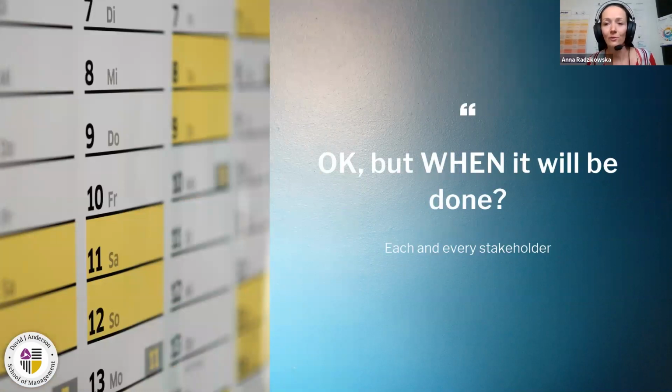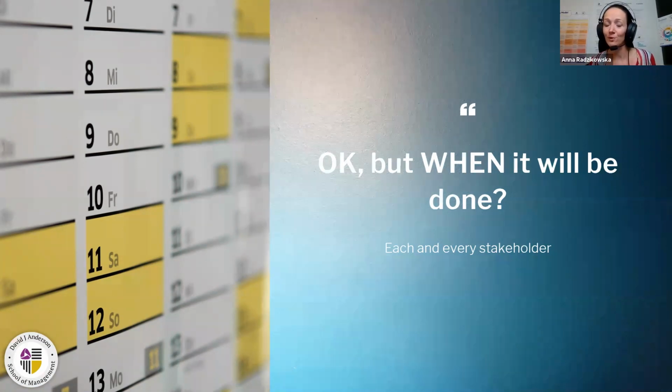This is the question that each and every stakeholder always asks. Okay, we have two commitment points, but when will it be done? And not only in our project, not only our process, this is the question that comes back over and over again, even during the classes that I deliver right now.